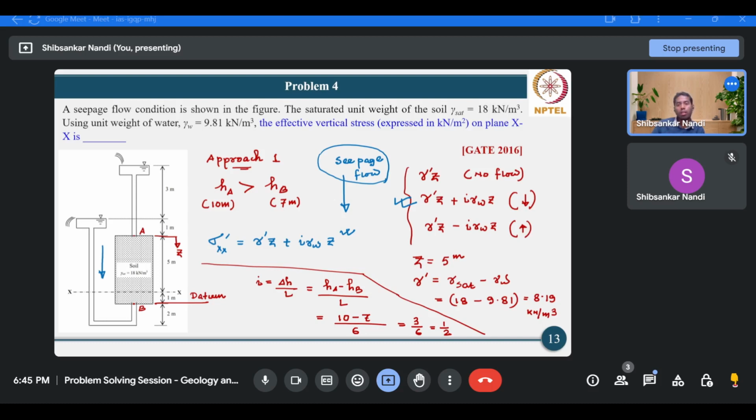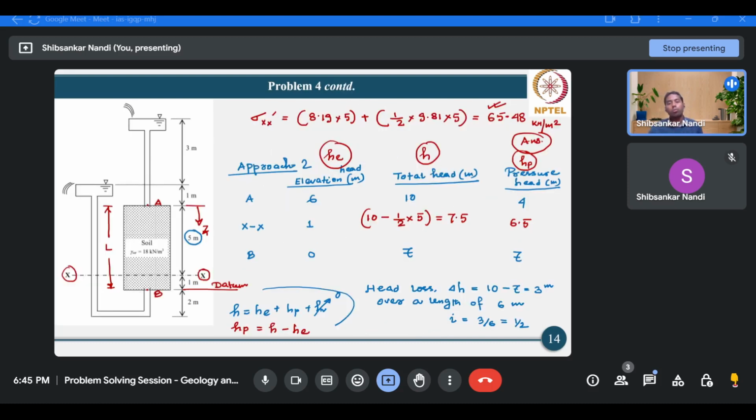the effective vertical stress. So for the first approach, we have to just recall the analytical expression of effective vertical stress, and then you have to appropriately substitute the entities involved in that equation, and you can easily obtain the effective vertical stress at a section which is required for that problem.